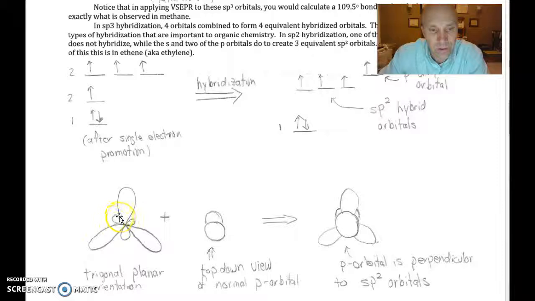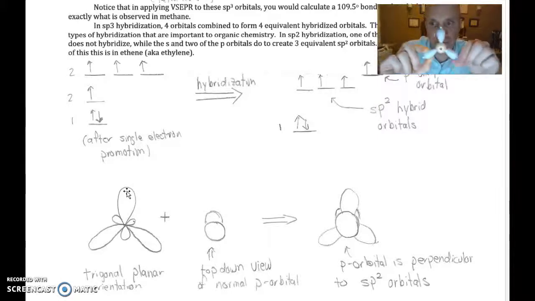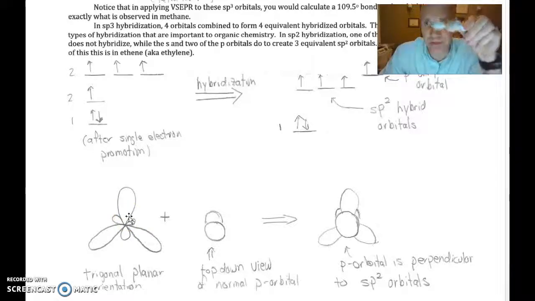This right here would be another one of them, and here's the third. And they're going to end up making something that has a trigonal planar orientation. All right. So notice that this right here looks kind of like the drawing that you have down here. And the thing about this is if you look at it on its side, it's totally flat.